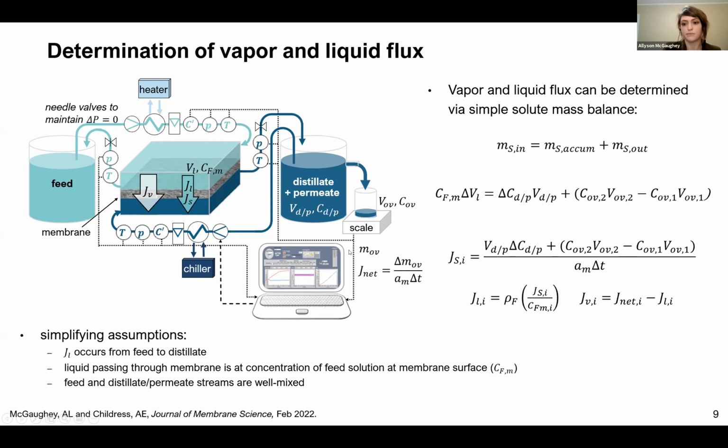So we make a few simplifying assumptions here. We assume that liquid flux occurs from the feed to the distillate side. We assume that the liquid wetting the membrane is at a solute concentration equal to the feed solution at the membrane surface where wetting occurs. And we assume that both streams are well mixed.